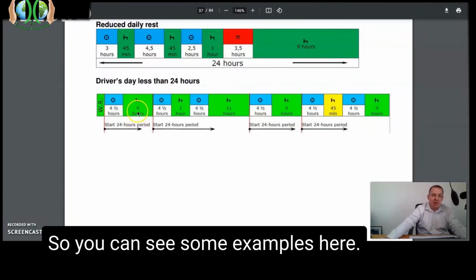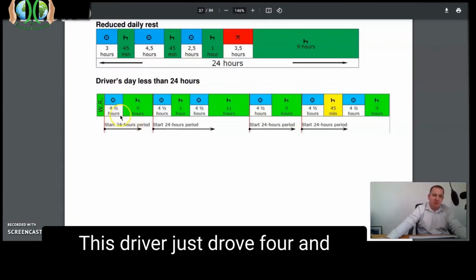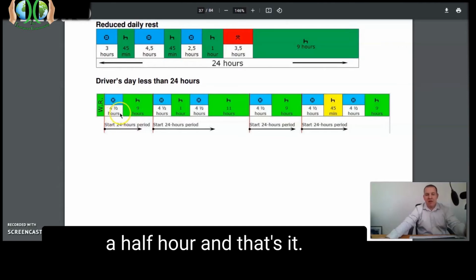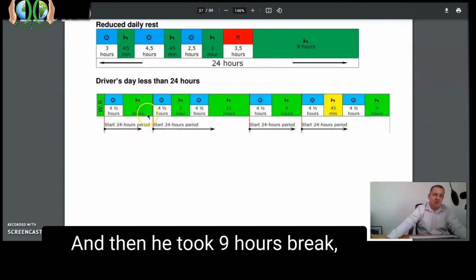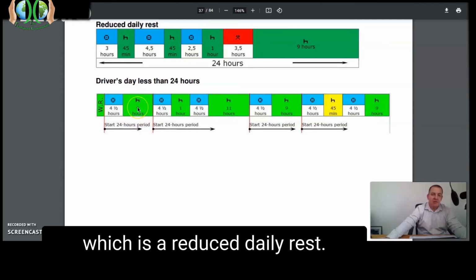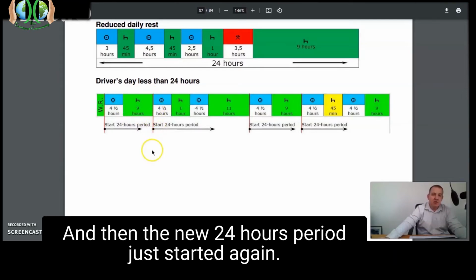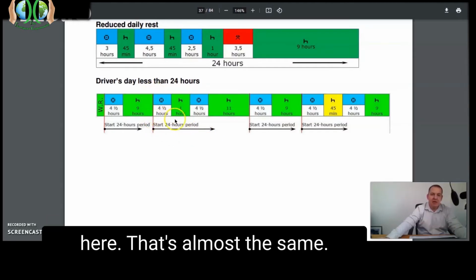So you can see some examples here. This driver just drove 4.5 hours and that's it, and then he took a 9 hours break, which is a reduced daily rest, and then the new 24 hours period just started again here.